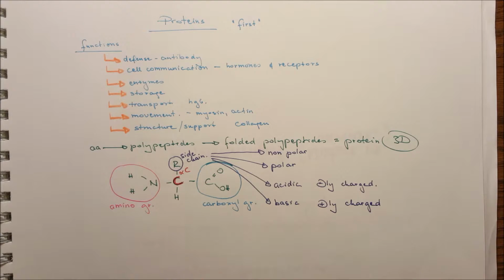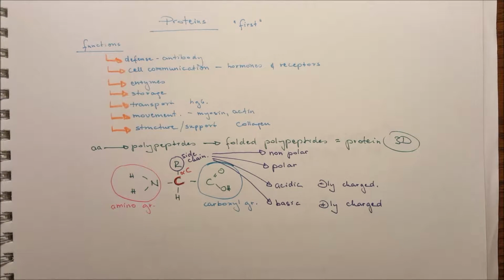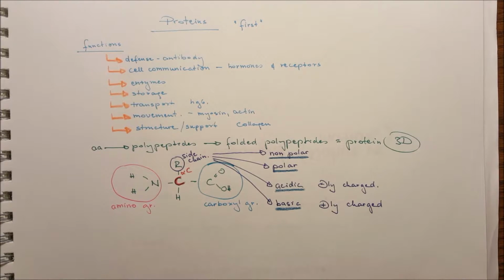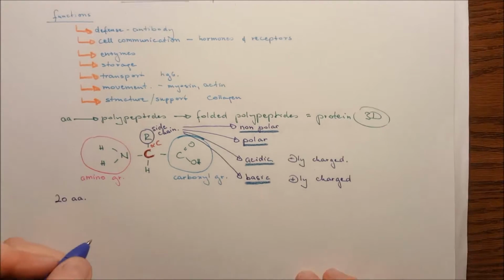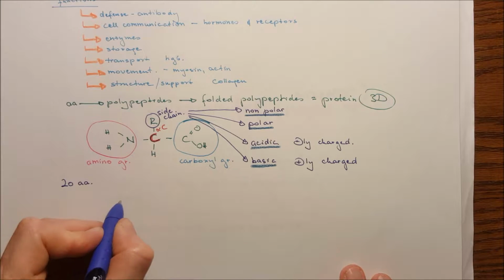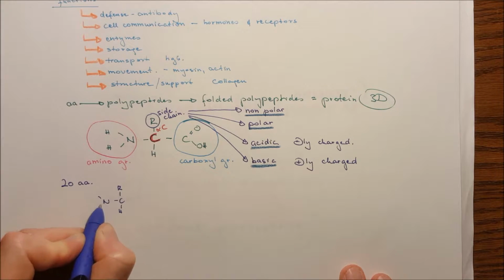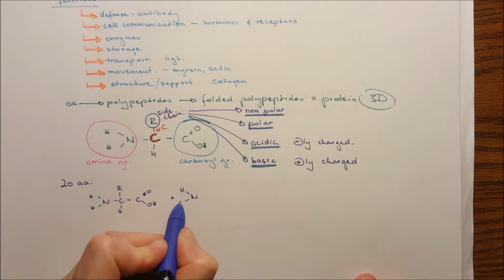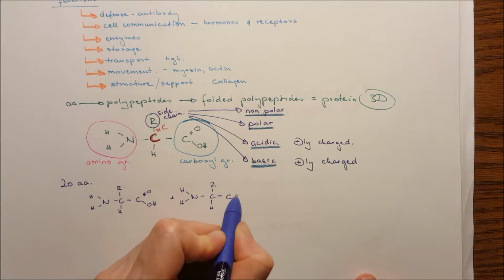We have 20 different amino acids. One amino acid and another amino acid are going to bind together through a dehydration reaction.